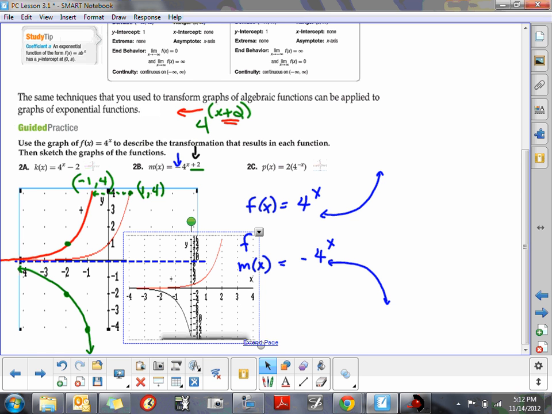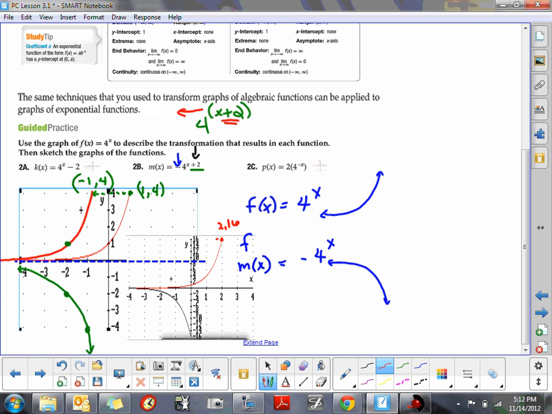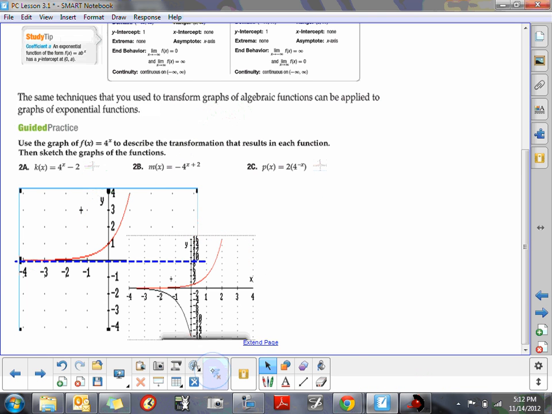Then we've got to reflect it down. So this ordered pair, which is 2, 16, slid over 2 units because of the horizontal translation, becomes 0, 16, and then reflected across the x-axis becomes 0, negative 16. So trying to give you some evidence there of what's going on with these transformations on these graphs.